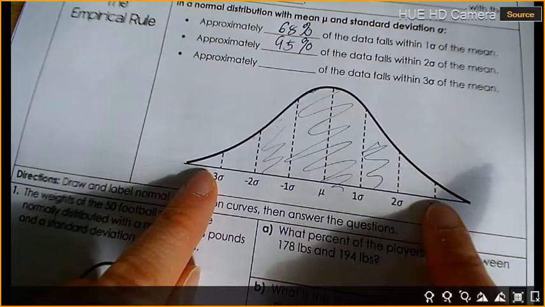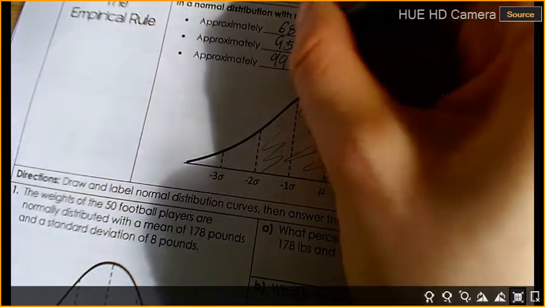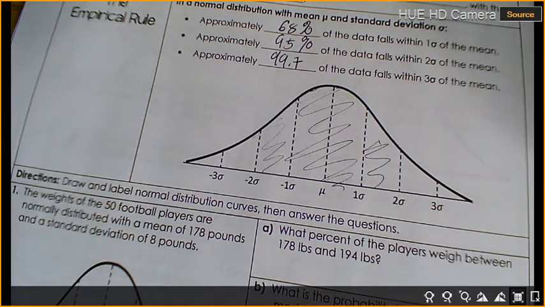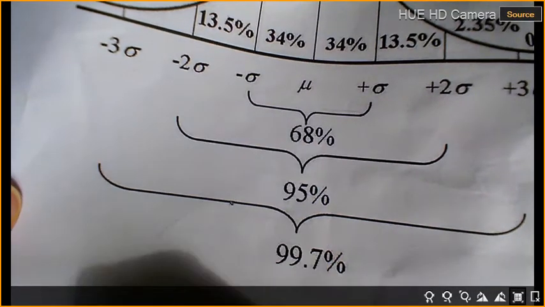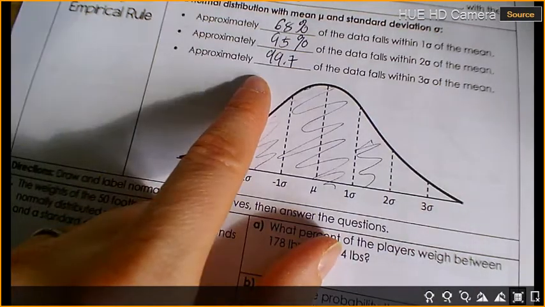How much falls between all three? 99.7. Okay? So the empirical rule is all about adding some things together to figure out how much the percentages are. That was really quick, but I literally had you write these three things down, so you already have them in front of you. That's all it was.